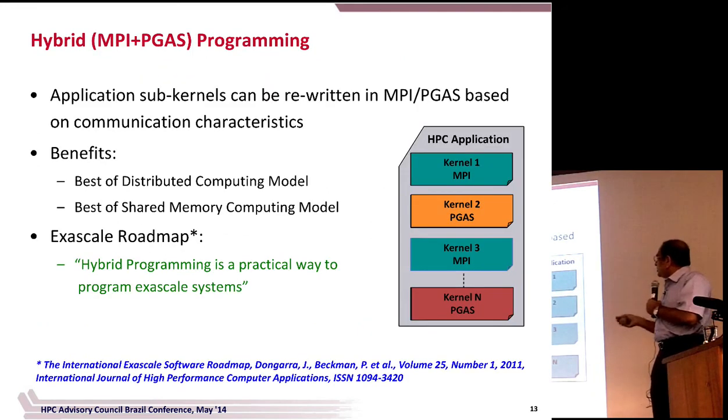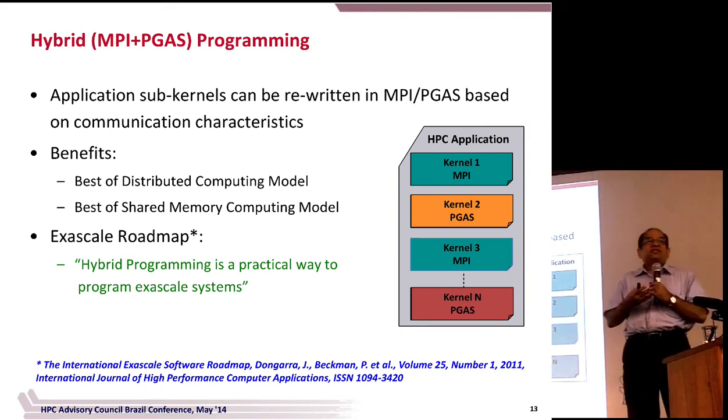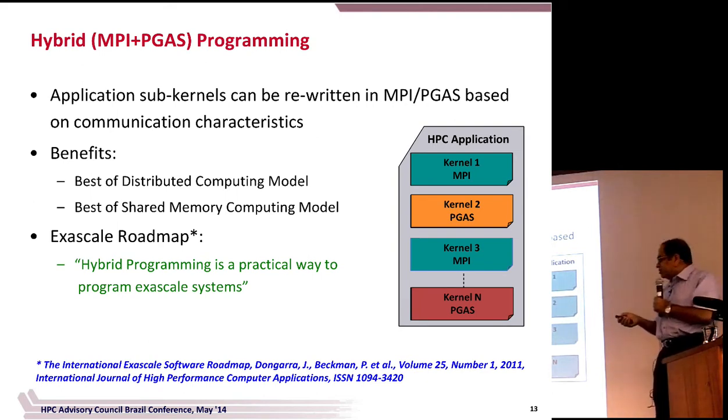So if you think of an application, let's say you have different kernels, and this application may have regular communication, may have irregular, both of them can coexist. Let's say you see that some particular kernels, like this one, 2 and some n, are not scaling.